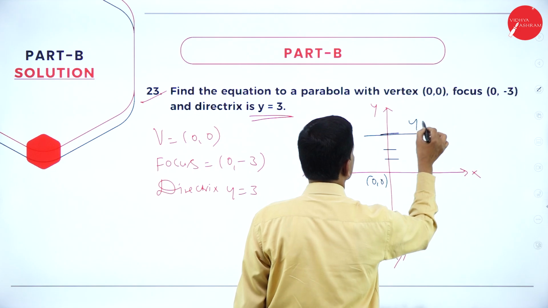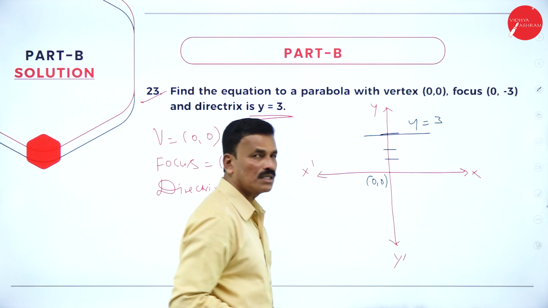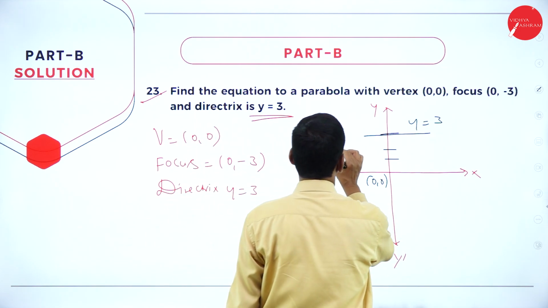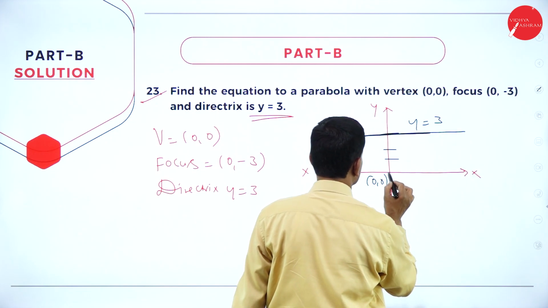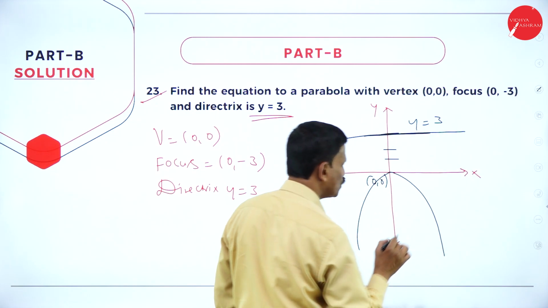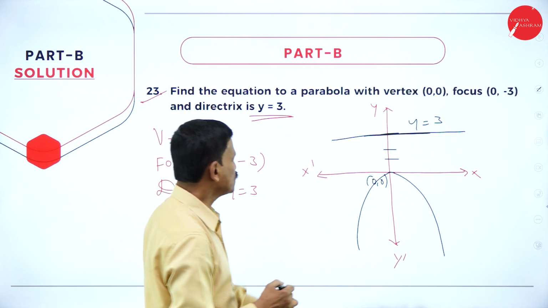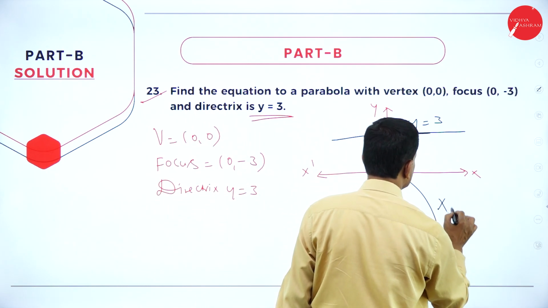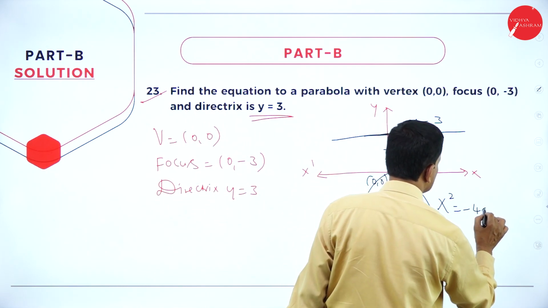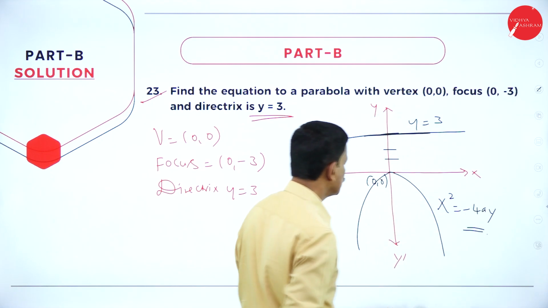This is the value of y is equal to 3. So this is the directrix. That means the parabola opens in the downwards direction. What is the equation of the parabola in the downwards direction? It is x square is equal to -4ay.